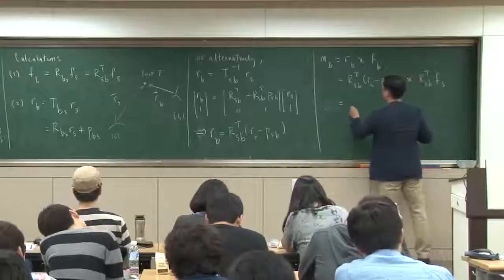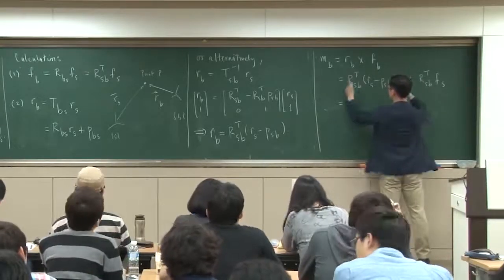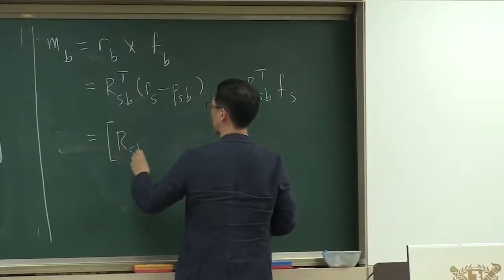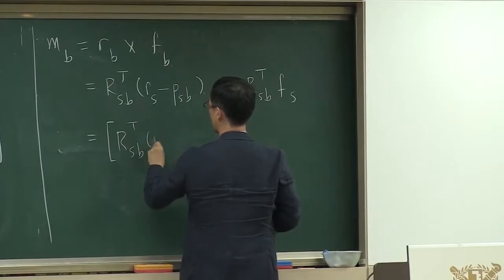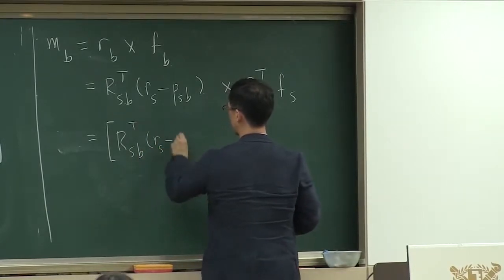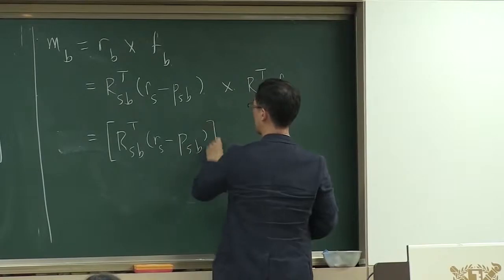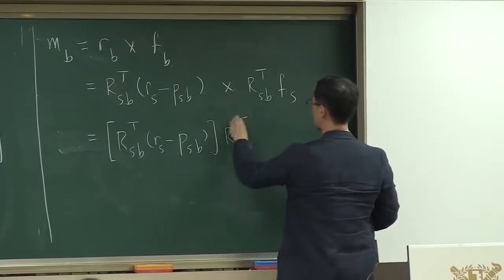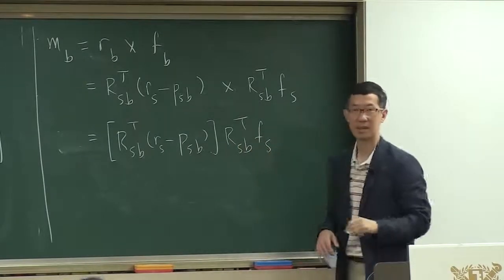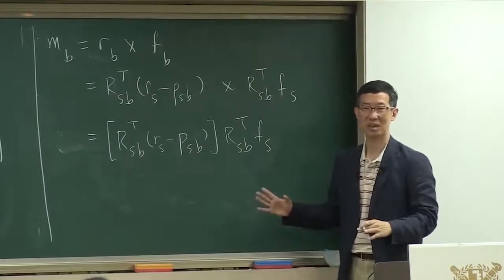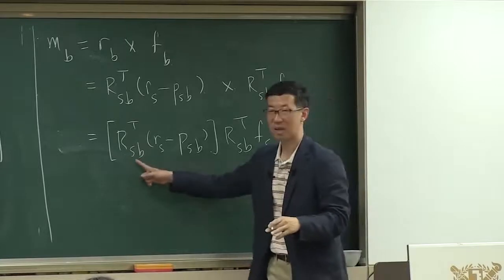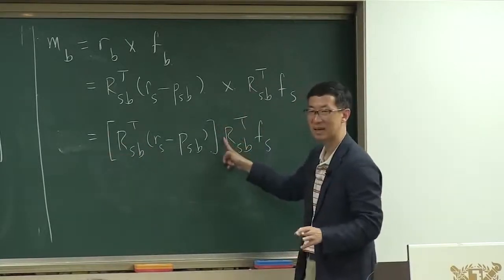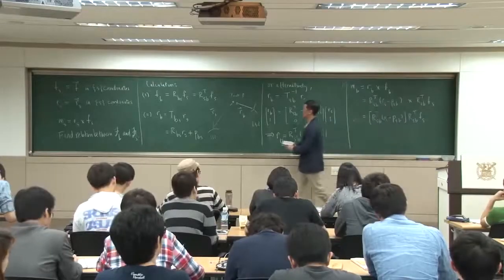So put this whole thing inside a skew-symmetric matrix, times R SB transpose f s. Next, pull out this R SB to the front, and put an R SB in the back. So let's do that.